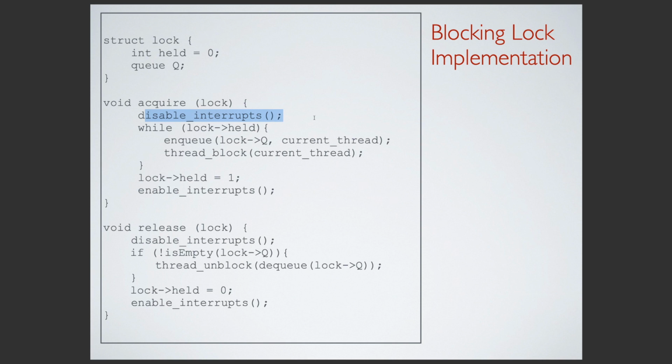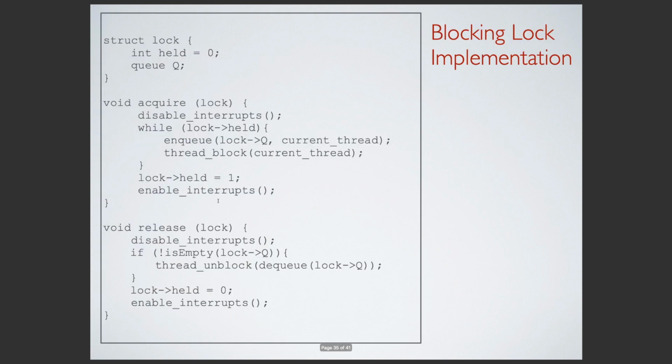Who is going to enable them back? Well, if you look at the code of thread block, and you can do it in Pintos, by the way, every time this function is called, one of the invariants is that the interrupts are disabled. And the first thing it's going to do is something with the queue, blocking the thread, and then right after that, re-enable the interrupts.